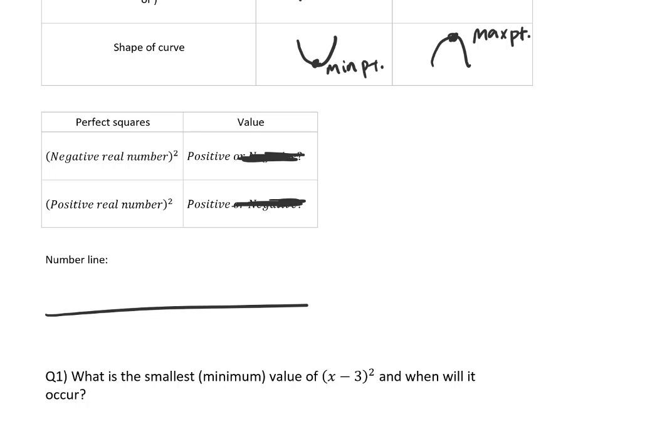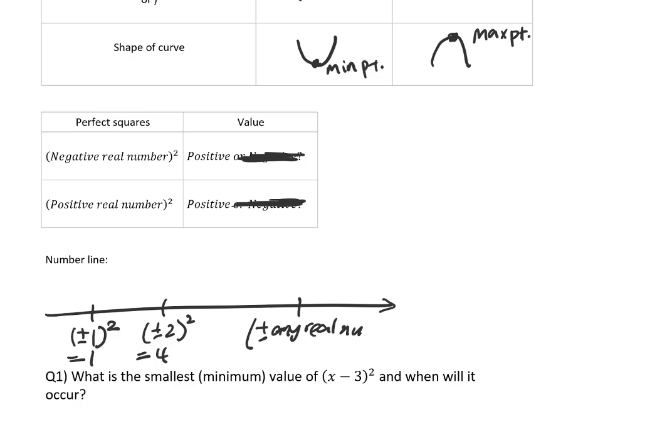If you were to draw a number line over here, this represents plus minus 1 squared, which is 1. Plus minus 2 squared, 4. And I can go on and on. This is plus minus any real number squared. It's just a positive result.